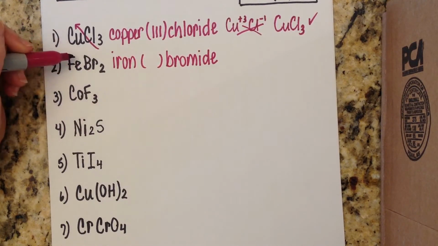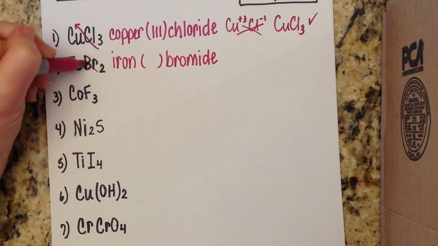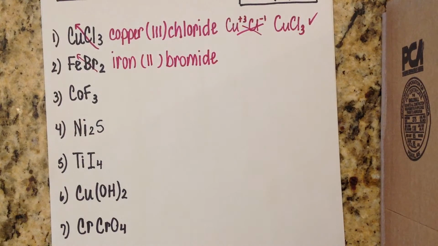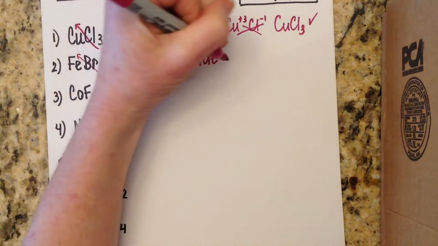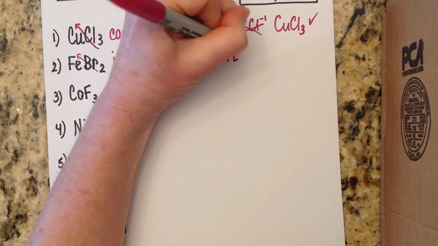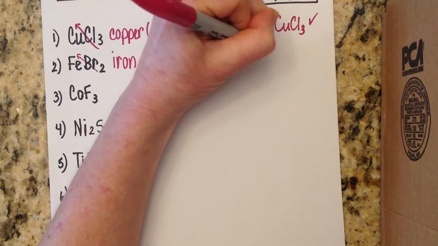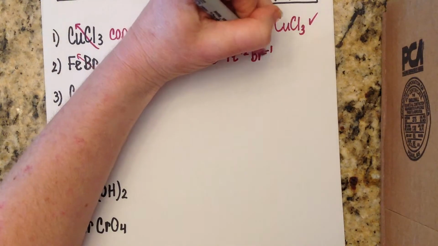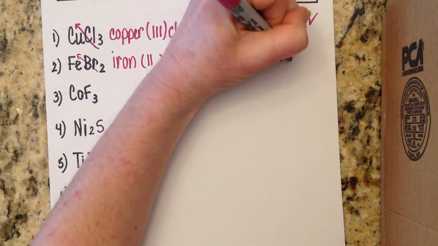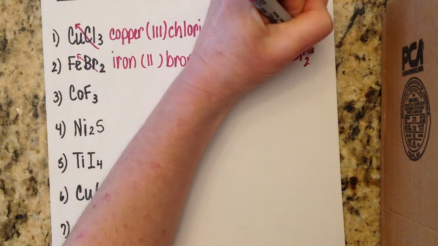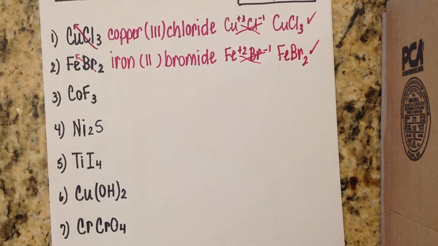That means this 2 had to have come from up here. So that was iron 2 bromide. Let's check it and make sure we were right. Fe has a +2. Bromide has a -1. Crisscross. FeBr2. Yes, it matches. And I was correct.